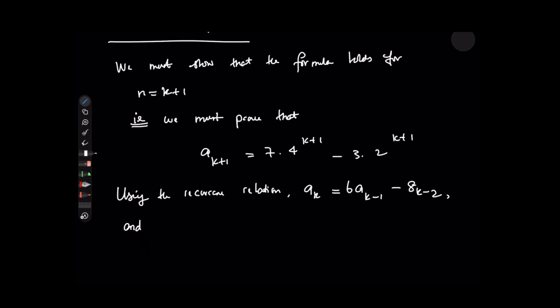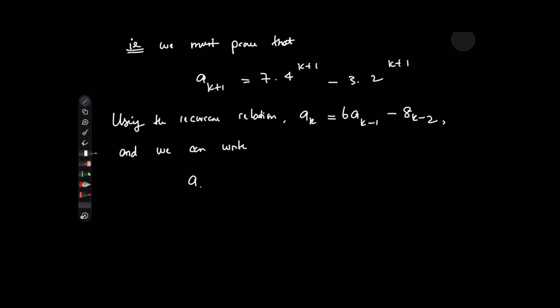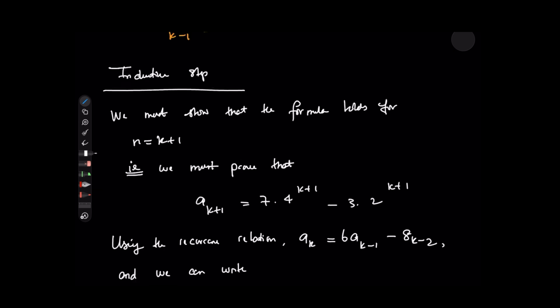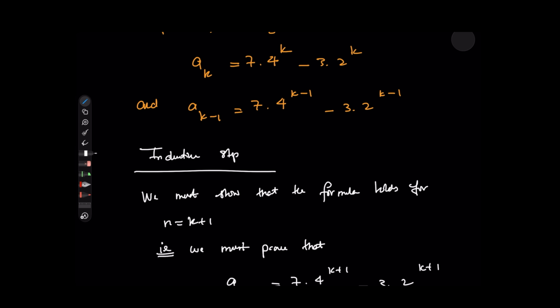And we can write the fact that A k plus 1 is equal to 6 into Ak minus 8 into A k minus 1. So what I'm going to do now is take the inductive hypothesis, because look, it's here.